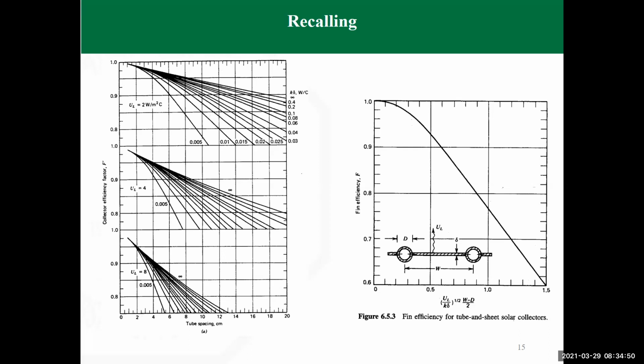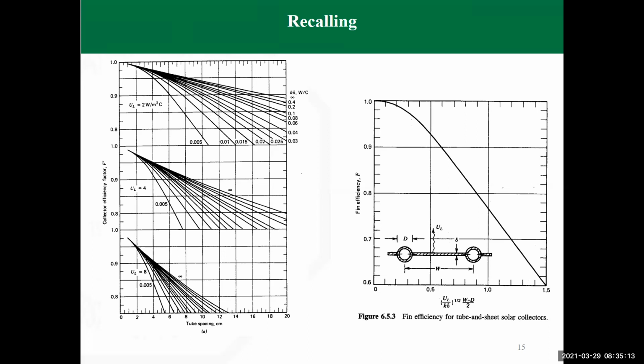We looked into this last time and tried to see how the temperature distribution can be estimated through an energy balance, looking in this X direction, going for example from right to left or left to right.